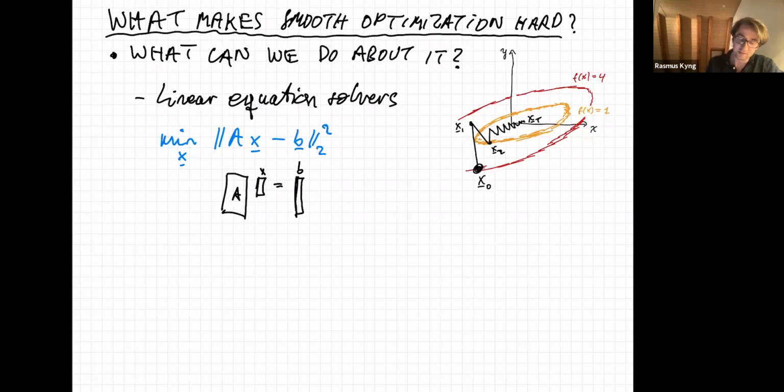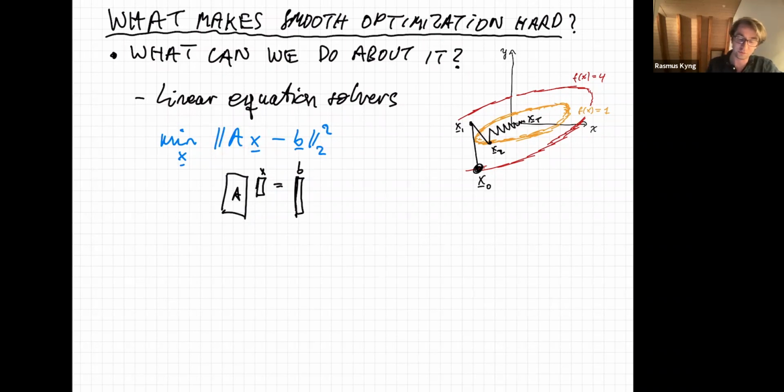And here we can think of A being a square matrix, or we can think of it as having a lot of rows. And I think it's nicer to think about the a lot of rows case, it's more general. This can be an over-constrained problem, then we still have this kind of thing.